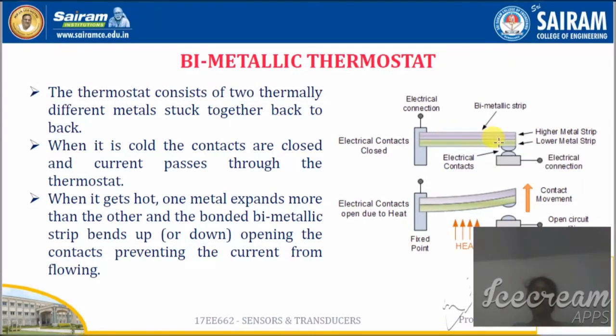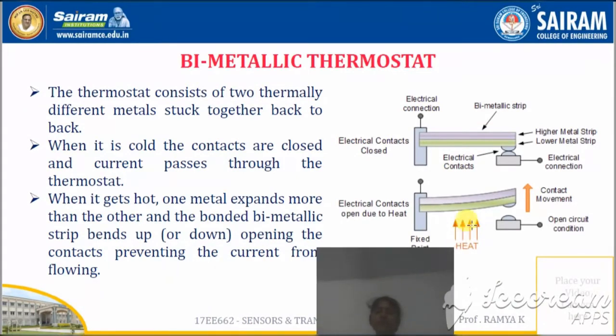It is a metallic strip, right? So when it is subjected to temperature, there may be a compression or elongation of the metal. Under normal condition, the electrical contacts are closed and current passes through this coil. When excess heat is applied and the metal starts to heat, it starts to bend as shown in this figure.